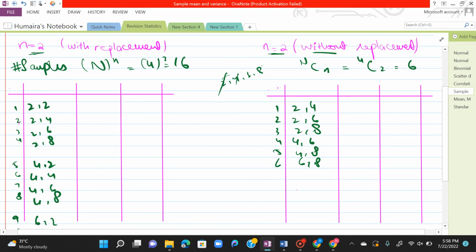Once you have done this, to verify the two results you need to make two columns. One is the mean and the other is the square of the mean. So the mean is: 2 plus 2 upon 2 is 2, 2 plus 4 upon 2 is 3, 2 plus 6 is 8, 8 upon 2 is 4, and this is 5.